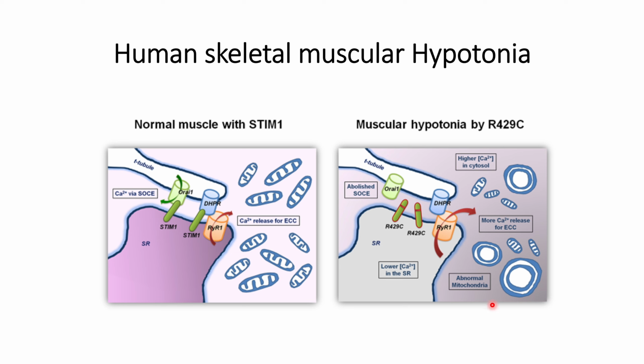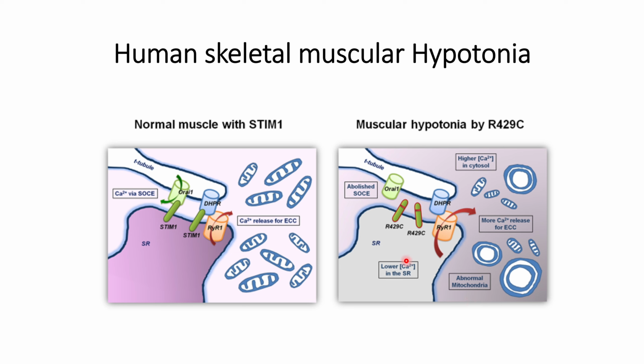And when this gets affected, this will cause an energy deficit within the cells, meaning the energy required for normal functioning of the cells will not be supplied by the mitochondria.